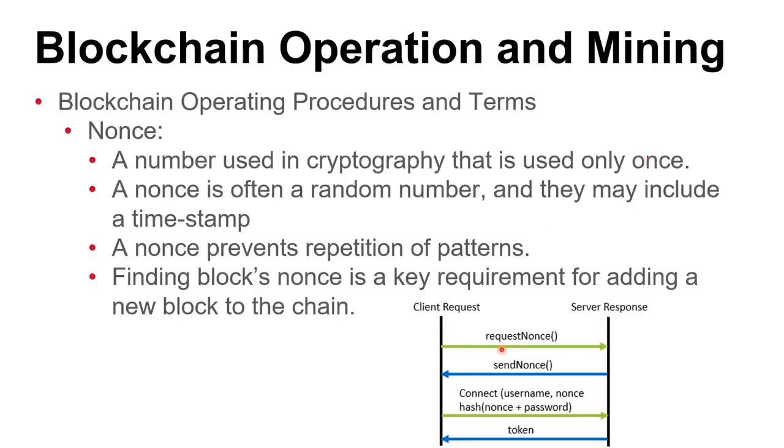You can see here the client request and server response. A nonce is requested, a nonce is then sent, and you can see here the username, the nonce, and the hash, and the nonce and password, and then a token is returned. So we can see here some of the ways that the nonce is actually used.